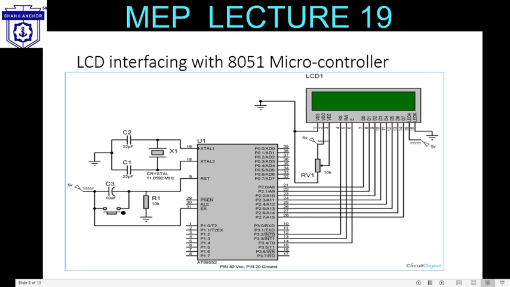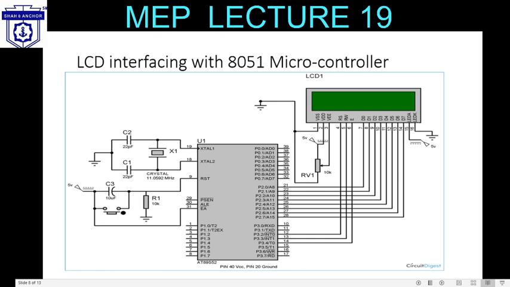This total of 8 pins, pin number 21 to 28, are connected to the data pins of the LCD, D0 to D7. Then the read, write and enable pins are connected to port 3, pin number 12, 13 and 14, that is INT0, INT1 and timer 0 pins of 8051.